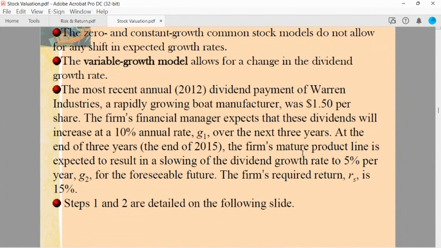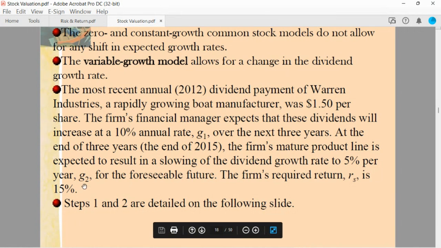When they say mature, that means they are going to grow at a constant rate. Fully mature companies don't grow, right? Mature companies grow at a relatively slow, constant rate. 5% per year, which is G2, for the foreseeable future.